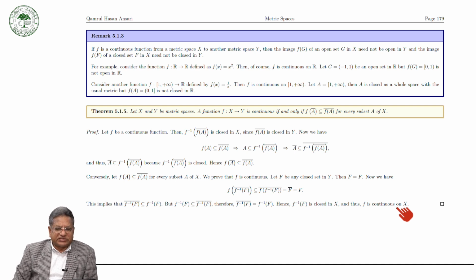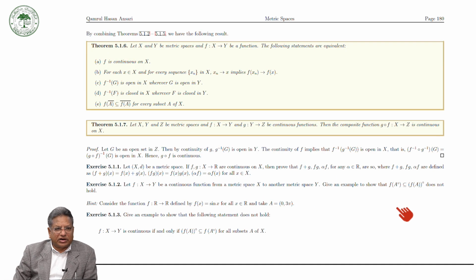Now, we can summarize all these characterizations in the following theorem. We say that if X and Y are metric spaces and F is a function from X to Y, then the following statements are equivalent.